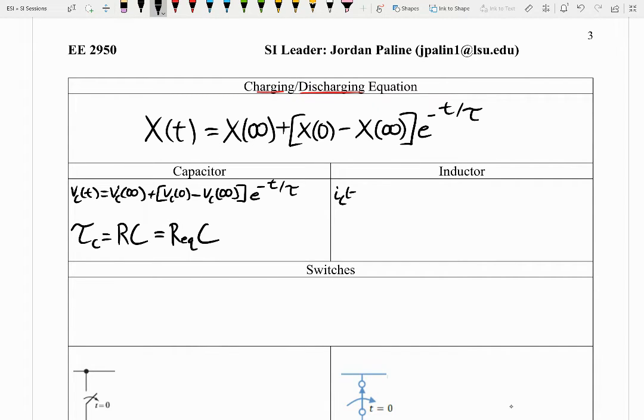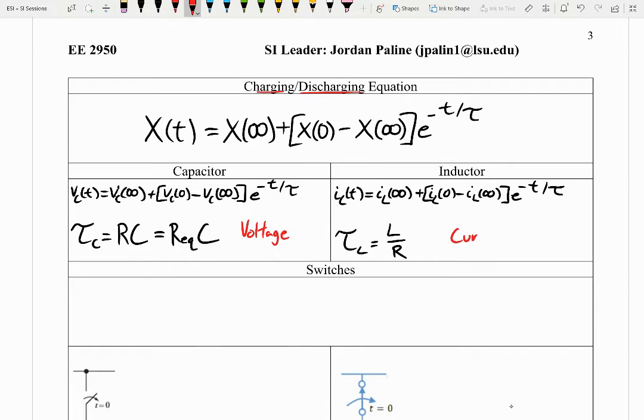It'd be I of L at t is equal to I of L at infinity plus I of L initially minus I of L at infinity, times e to the minus t over tau, where our tau for our inductor is going to be L over R. And if we notice, our capacitors deal with voltage and our inductors deal with current.